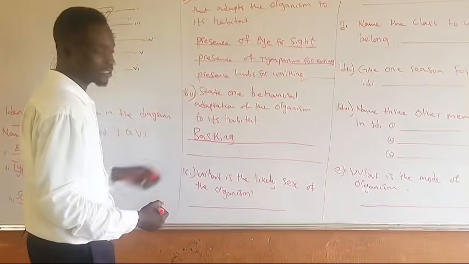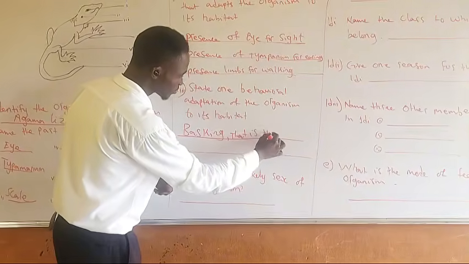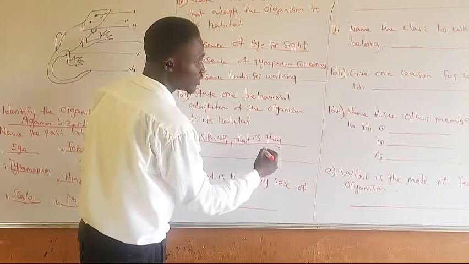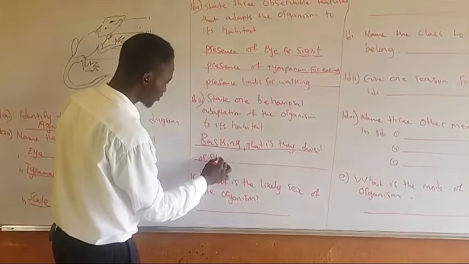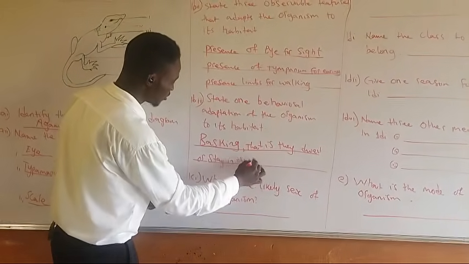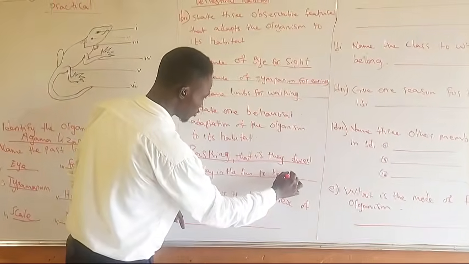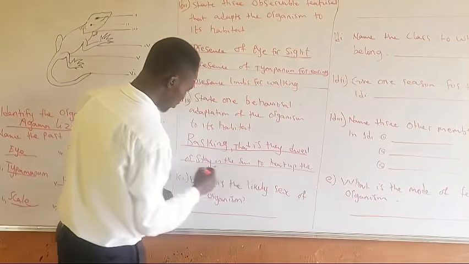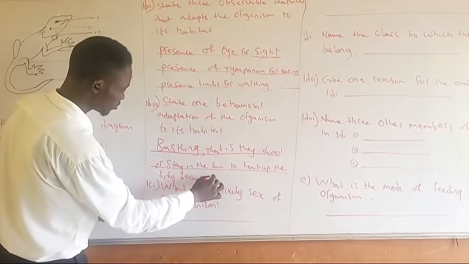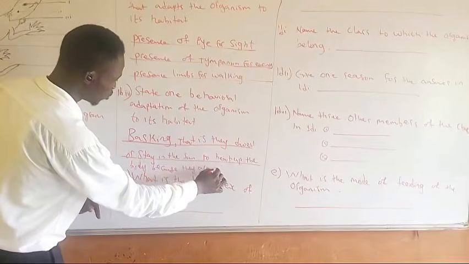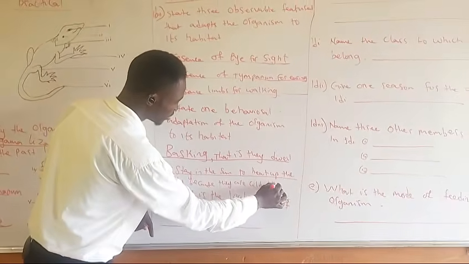What is the meaning of basking? Basking, that is, they dwell or stay in the sun to heat up the body because they are cold blooded.